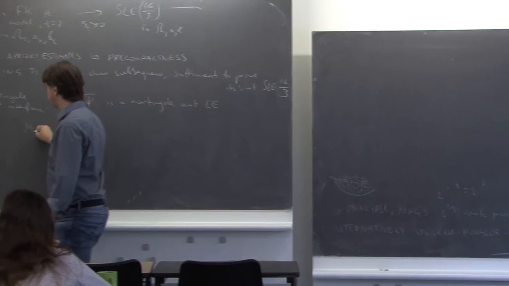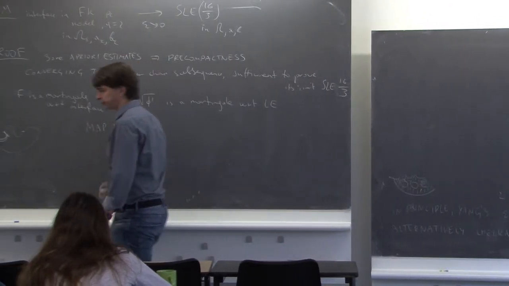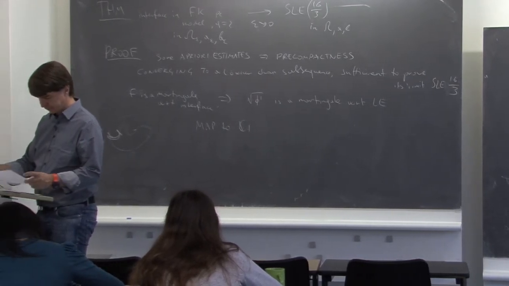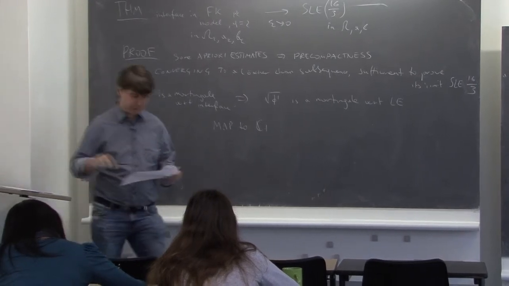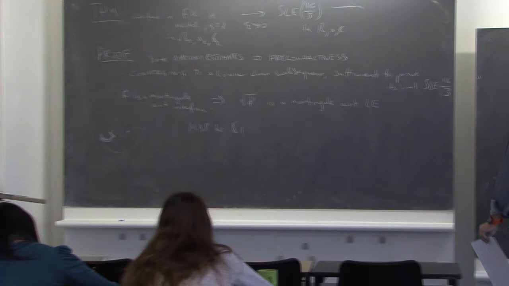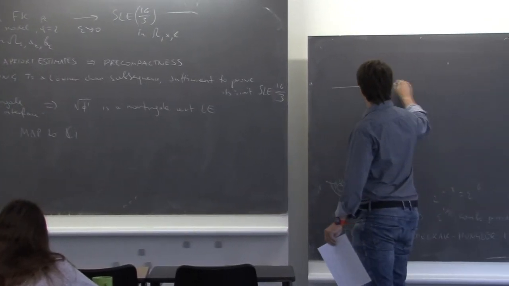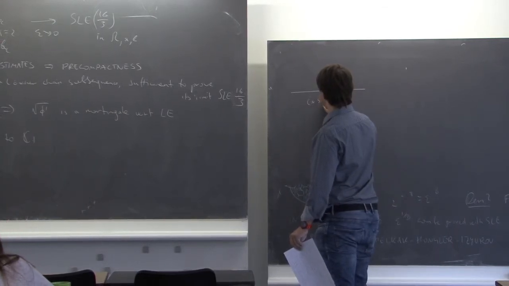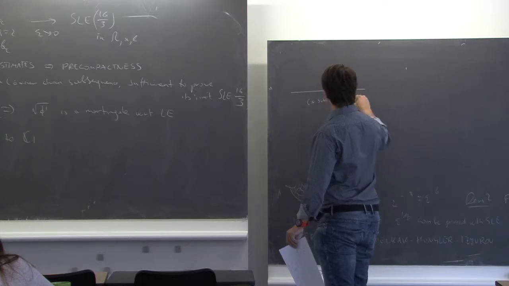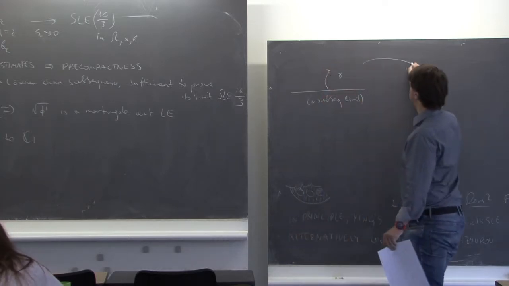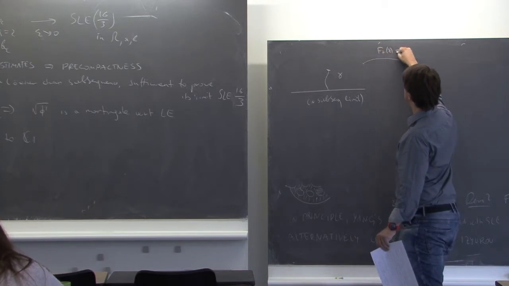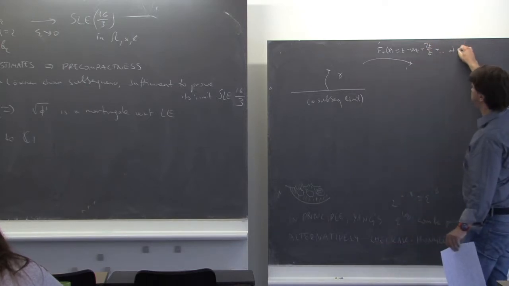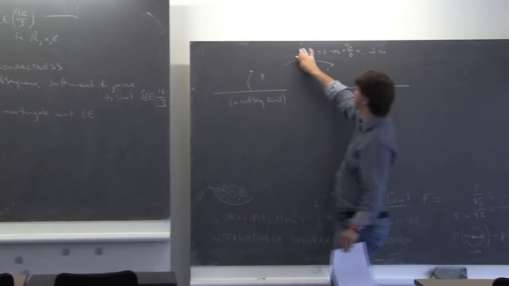So let's map to the half plane and do a very fast calculation. We have this curve gamma, a subsequential limit. And there is a map g_t of z, which is z minus w_t plus 2t over z plus small order terms at infinity.